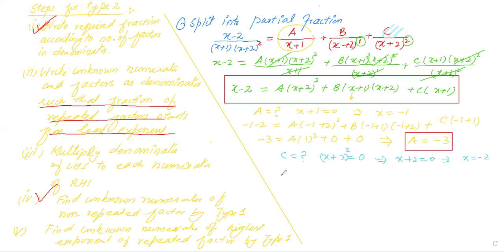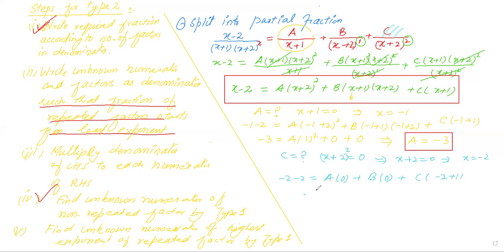So put this over here in the original equation, the one without any fractions. So I will get minus 2 plus 1 becomes A times 0 plus B times 0 and plus C times minus 2 plus 1.